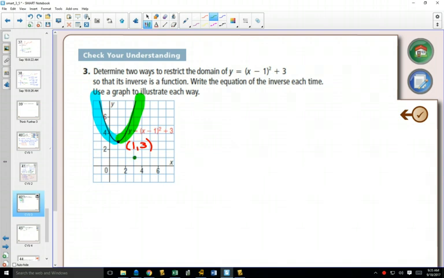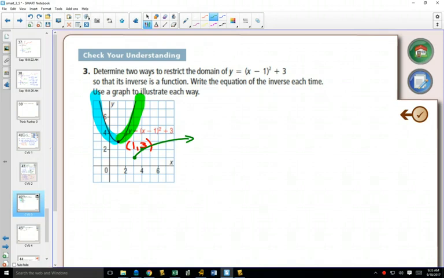If I choose another point on my green graph, can you see that you have this point right there on the green part, which is 2, 4? If I change the x and the y values, I would have 4, 2. And so I'm going to draw this over here in green to represent the highlighted green part that we started with. That would be the inverse of just part of it.